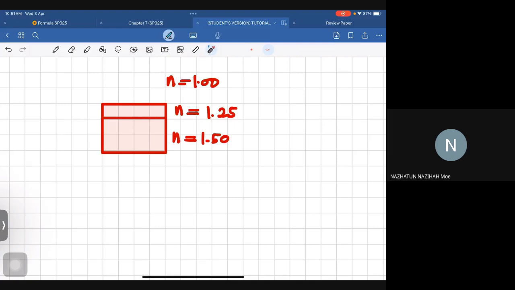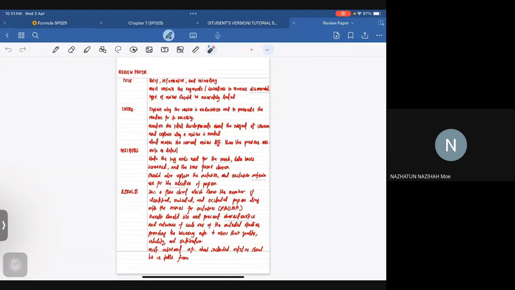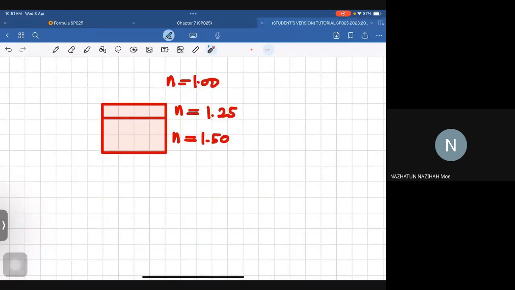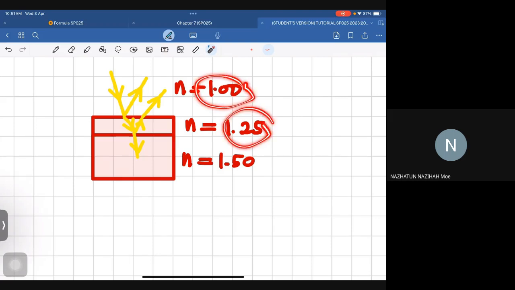So sekarang ni white light is incident. So kalau kita buat, they go from here, then they refract masuk, they reflected, refract macam ni. So reflection, reflection. Okay, so sekarang ni, the first ray, it goes from 1.00 pergi 1.25.